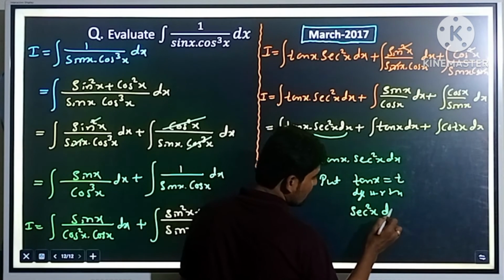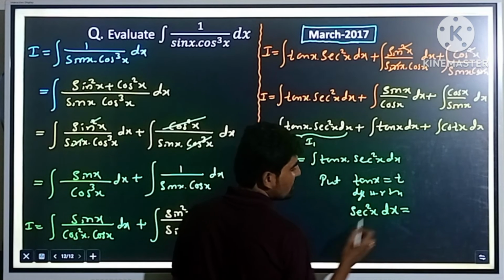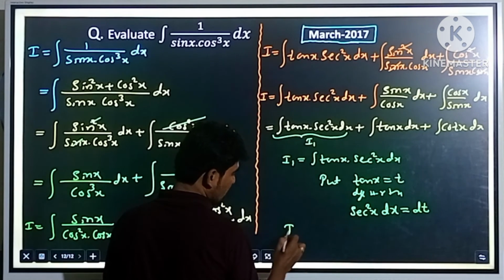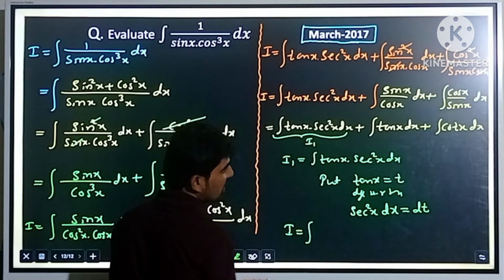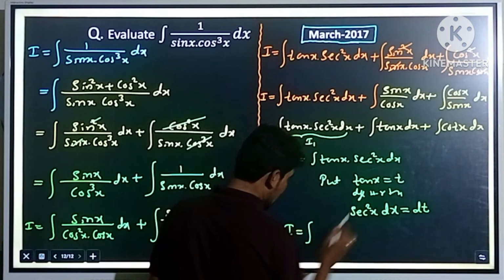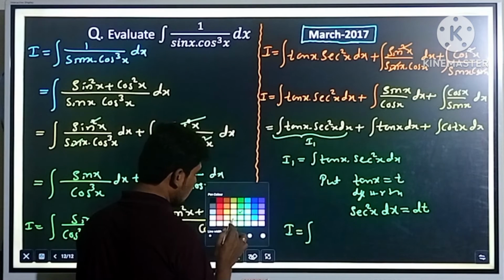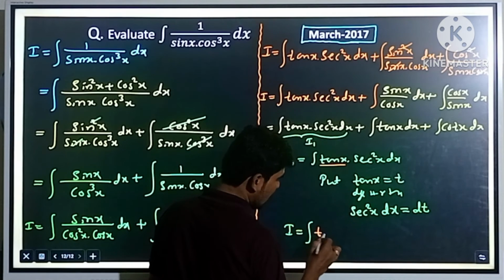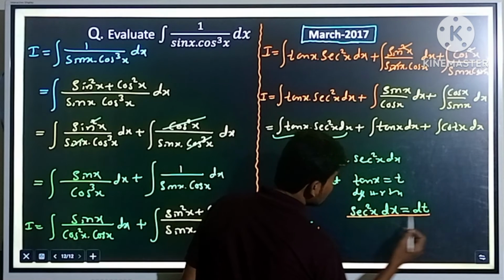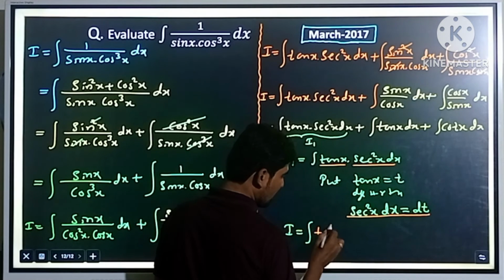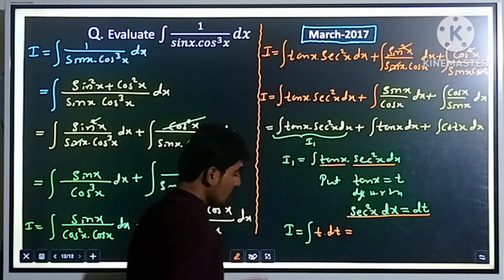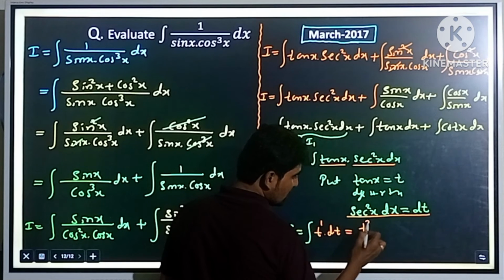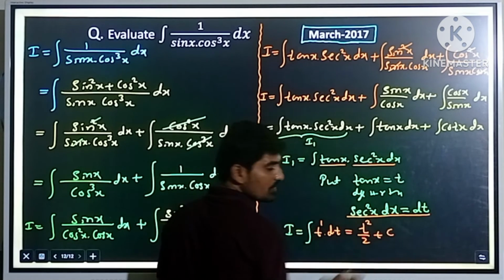Taking dx across by cross multiplication, secant square x dx is equals to dt. Therefore I1 is equals to integration of, we considered tan x is t, therefore in place of tan x put t, and we obtained secant square x dx is equals to dt, which is equals to, we know that integration of t power 1 dt is equals to t square divided by 2 plus c.